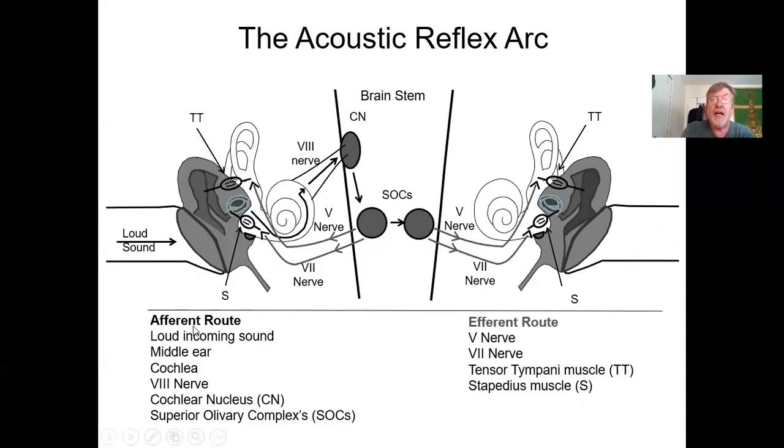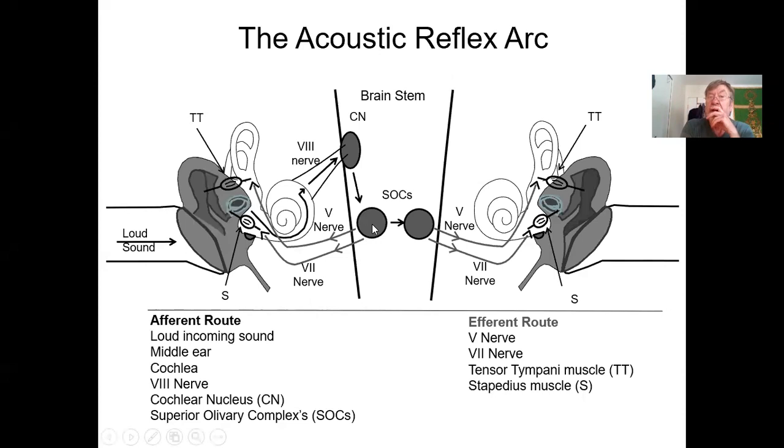Afferent, loud incoming sound. Ear canal, eardrum, middle ear, cochlea. Which part of the cochlea? Inner hair cells. Follow my cursor. Eighth nerve, cochlear nucleus, SOCs. I draw them down, but mainly to get the idea that they're deeper inside. Okay? SOCs.